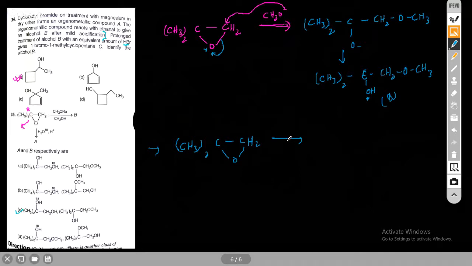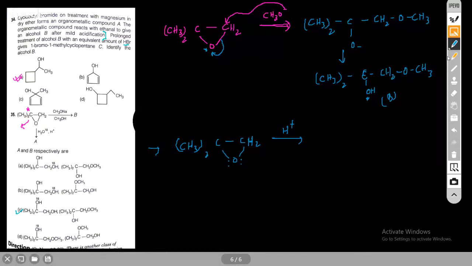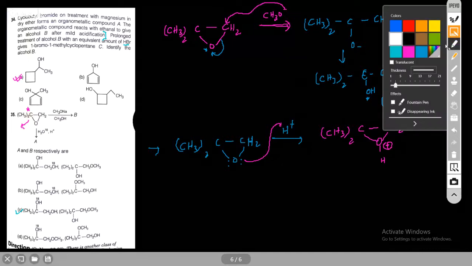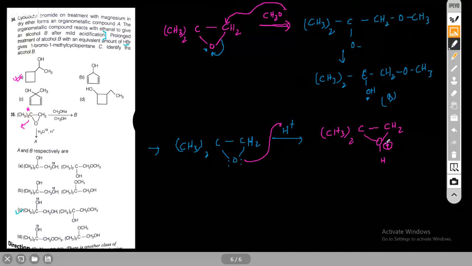When this reaction takes place in acidic medium, H plus, what happens? The lone pair of this oxygen takes part in the reaction and attacks this H plus, and this H plus attaches over here, giving (CH3)2C-CH2 with OH and a positive charge on it. Now in this also there are two possibilities: either this bond will break or this bond will break.